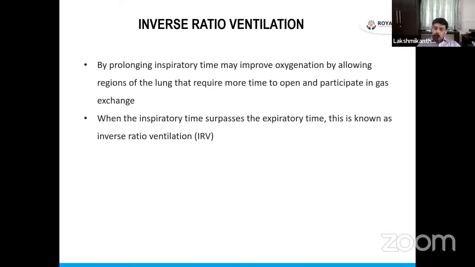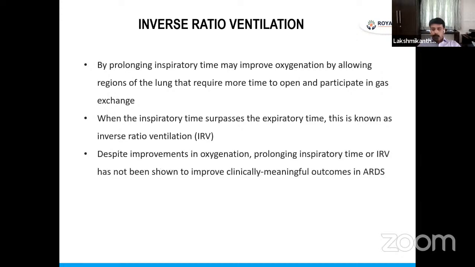Then we come to 1:1. Inverse ratio means it inverses. That is, we give a ratio of 2:1 or 1.5:1. That was studied in multiple studies, and despite improvements in oxygenation, it did not show improvement in meaningful outcomes of ARDS.